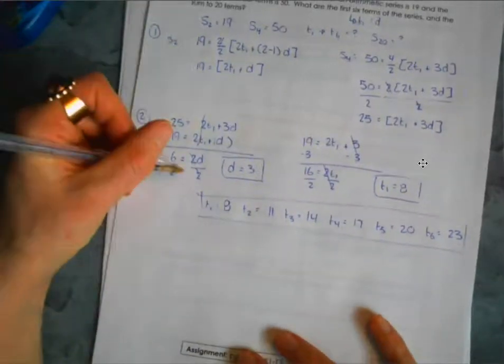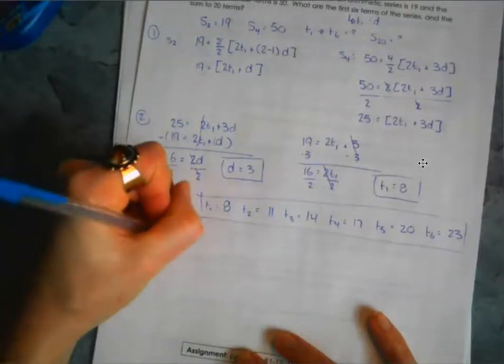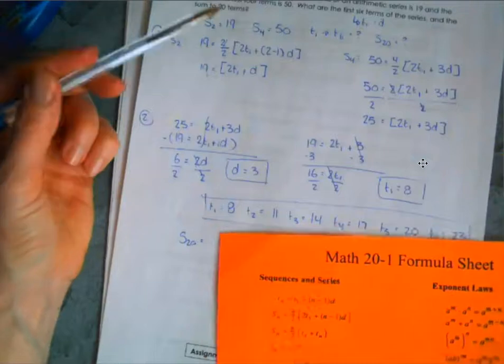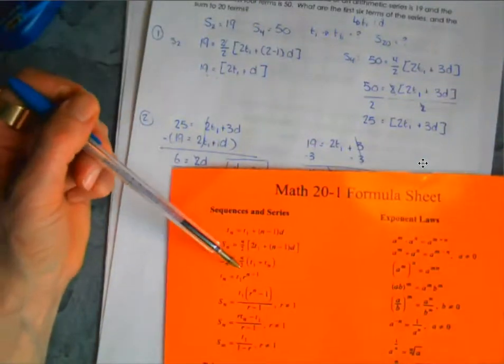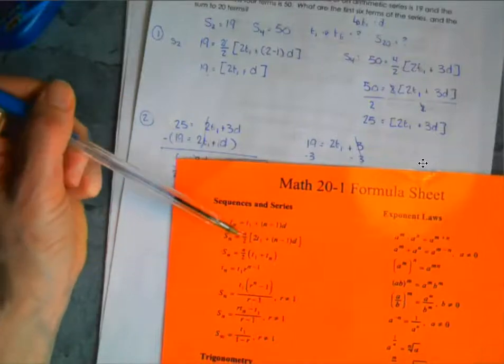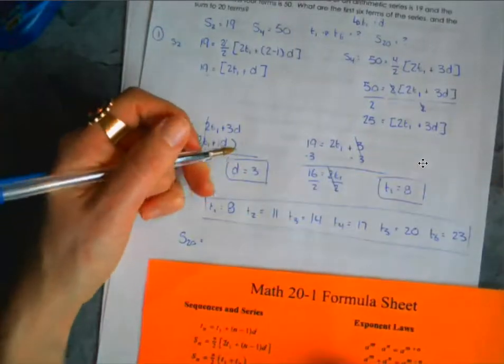And then the last thing I need to answer is S20. So in this case, I want to think about what formula is going to work out best for me. We are not given Tn, so we shouldn't be using this formula. So now that means we're going to use this one because we have n, T1, and d. So we can just plug it in.